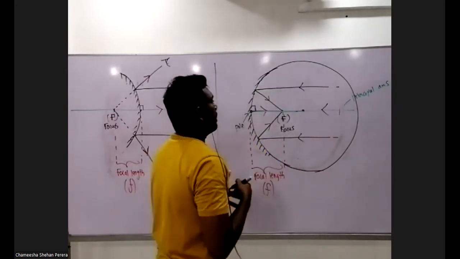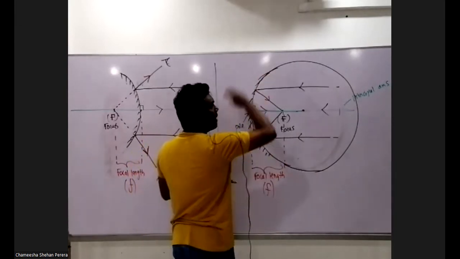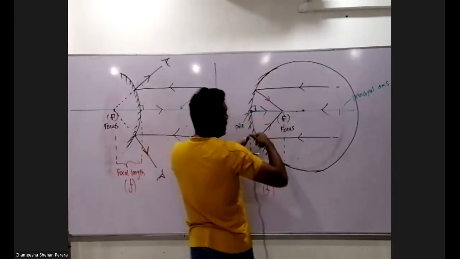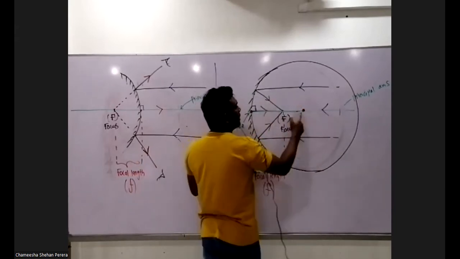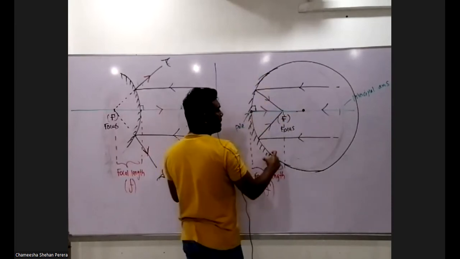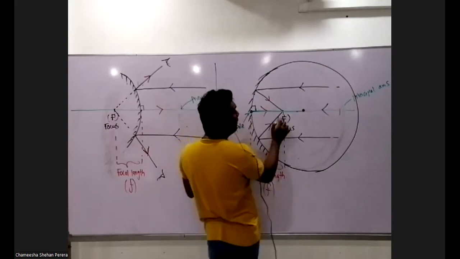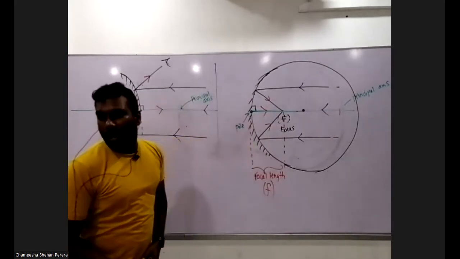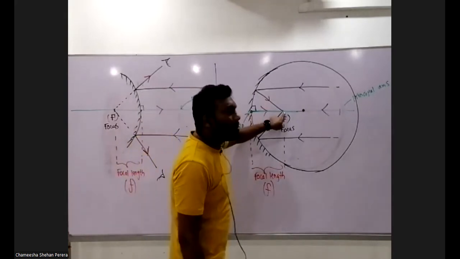Right. So what did we do? This concave surface was obtained from a sphere. The sphere had this point called the center of curvature. From the center of curvature, there was a line coming to the pole of the curved surface. This was called the principal axis. Can you see that the focus is located on the principal axis?